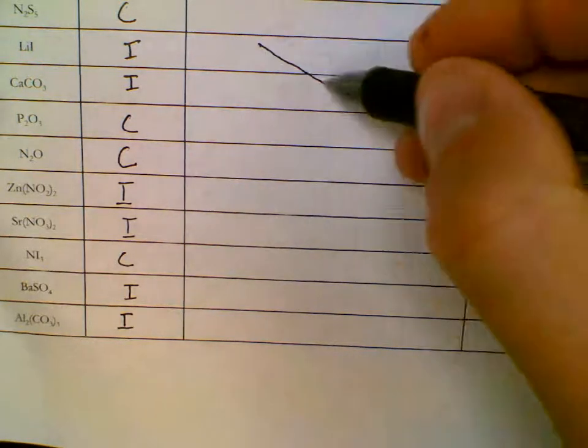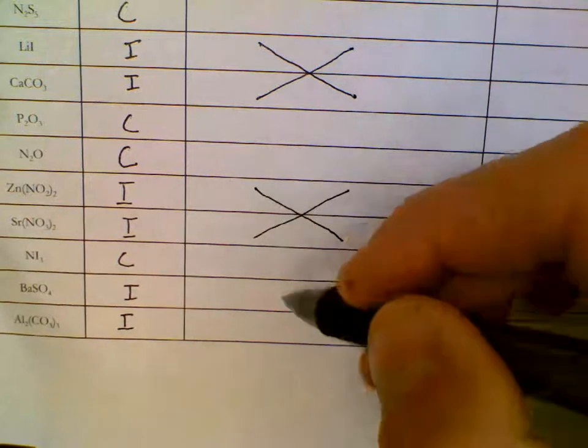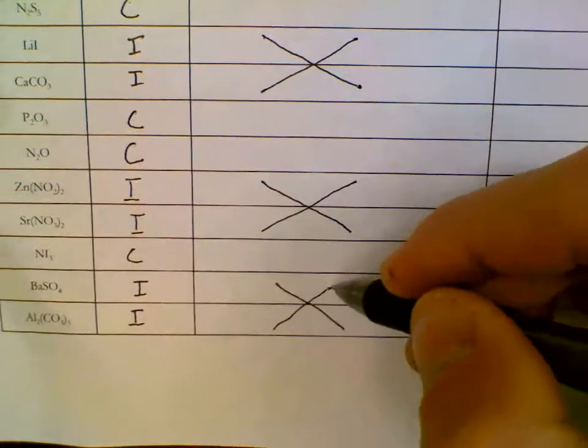So for the next column, it says if covalent, which means anything that we wrote ionic next to, we can cross off. Like so.